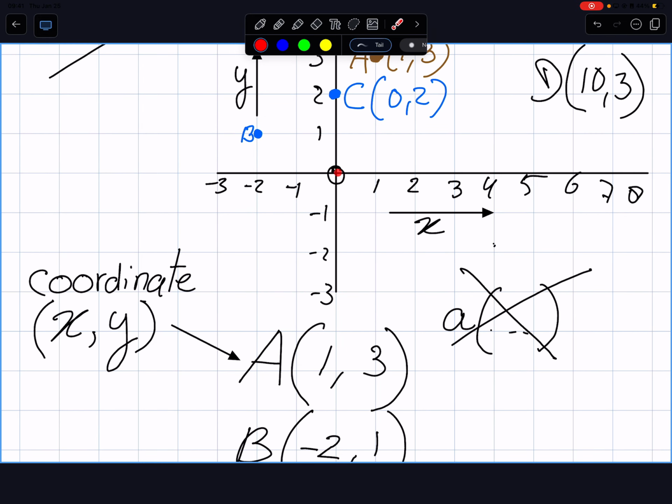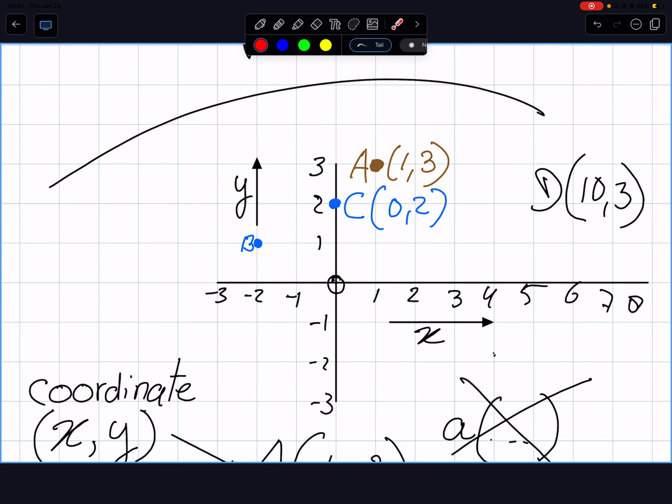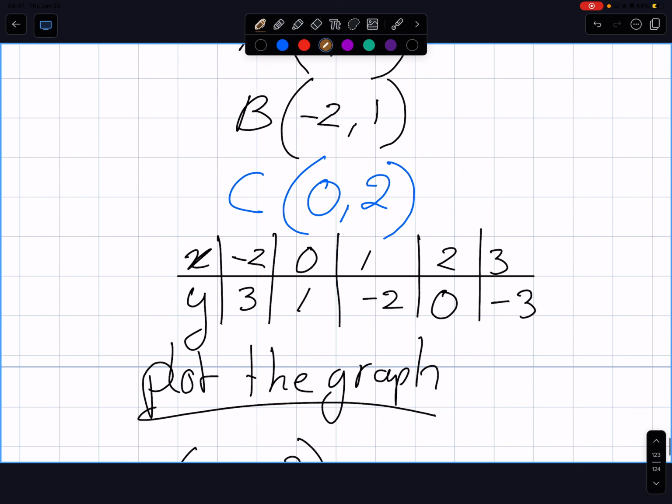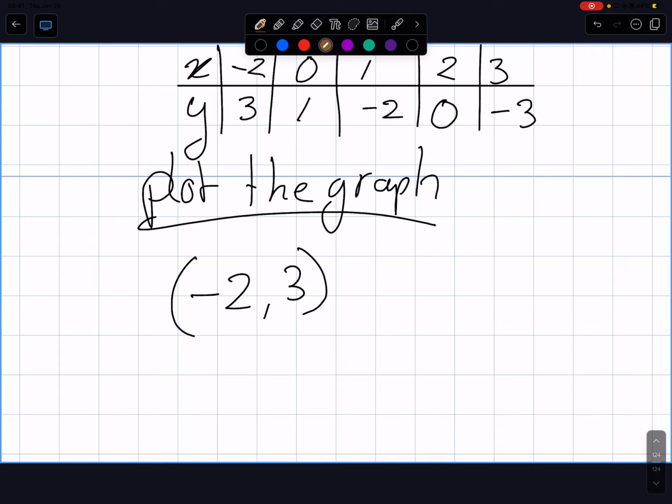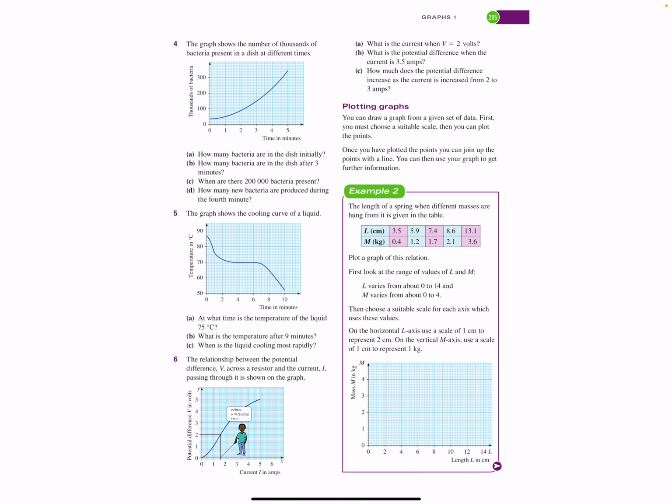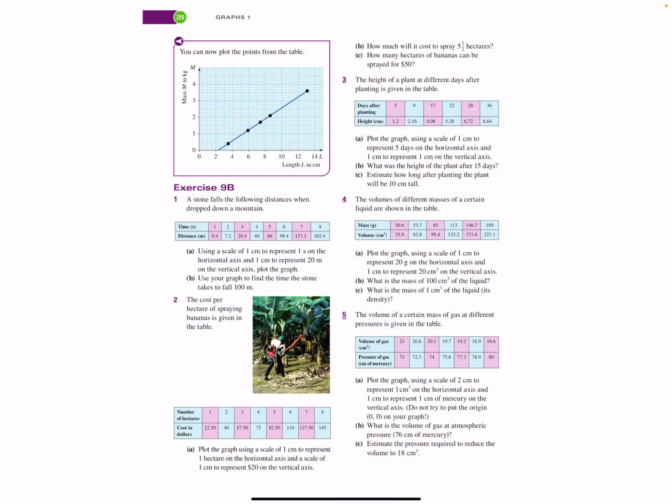So -2, and then 1, 2, 3. The first coordinate is here. That's how you continue with plotting a graph. Very simple.